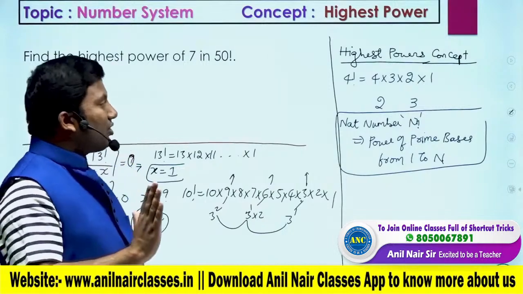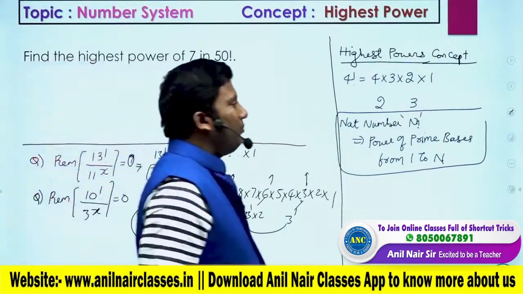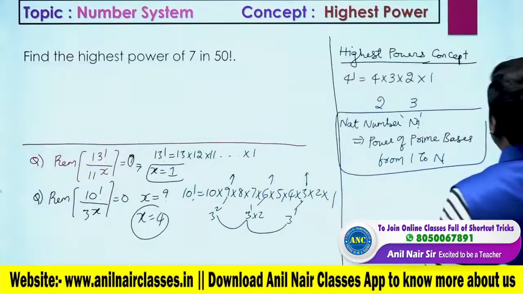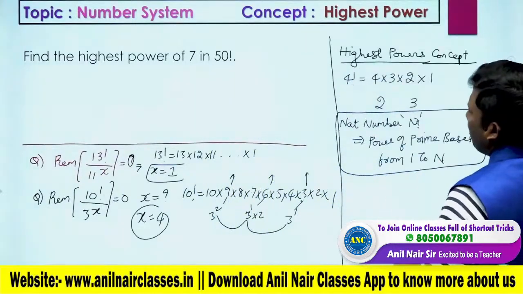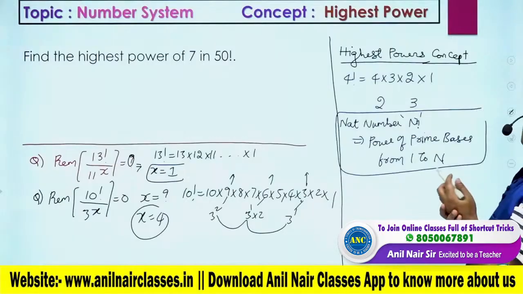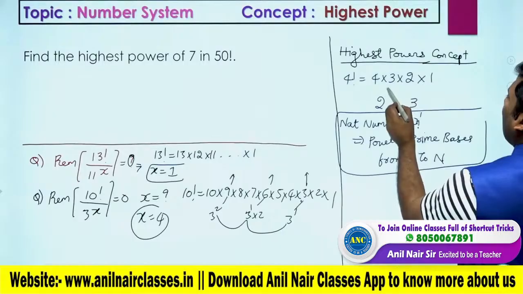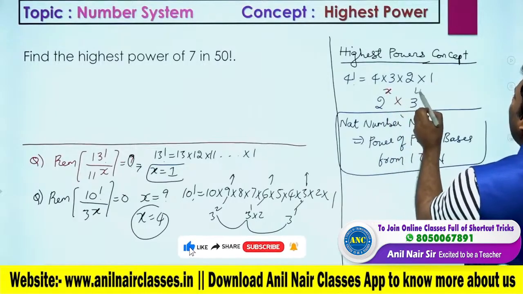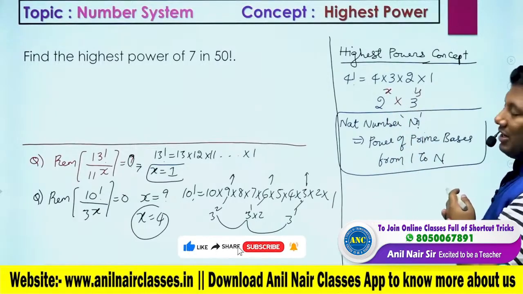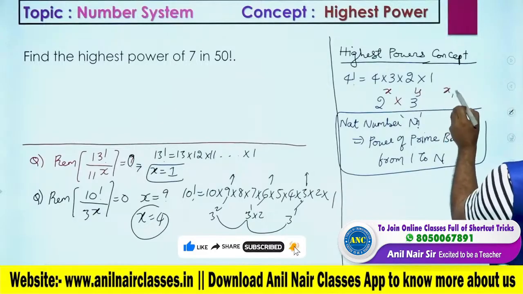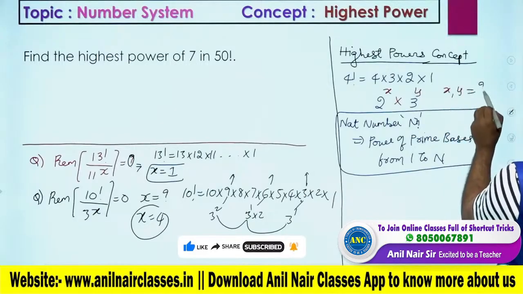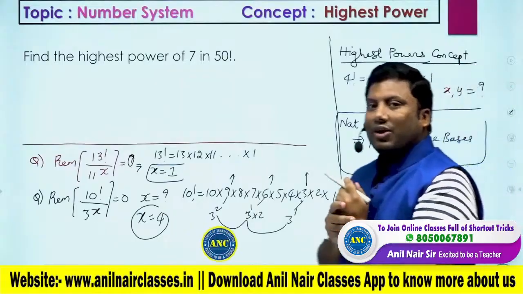Each and every question is extremely important from this slide. Natural number n factorial. Now see here. 4 factorial. What are the prime numbers from 1 to 4? 2 and 3. So we are saying that it can be written as 2 power x and 3 power y. We need to find out the value of x and y.